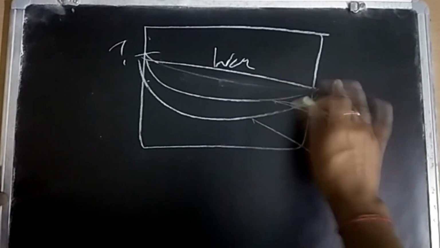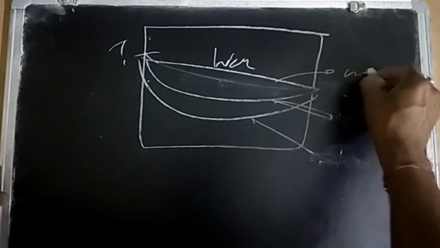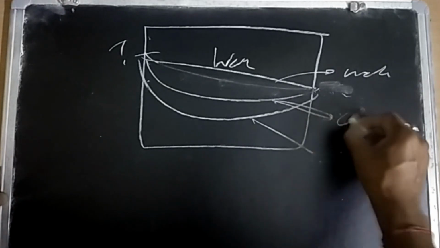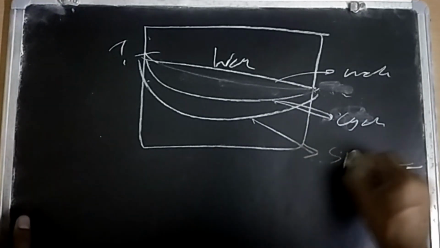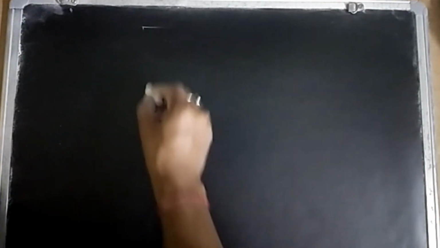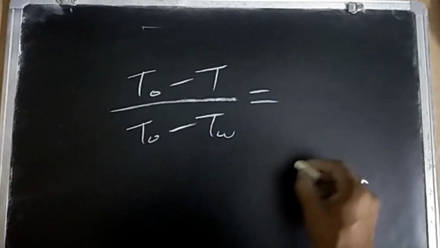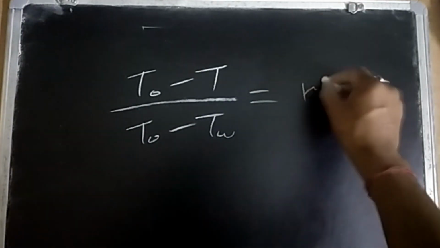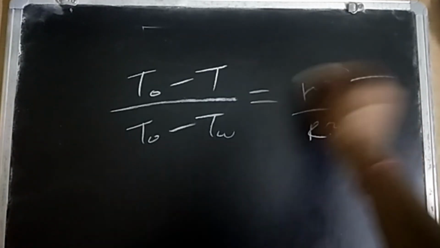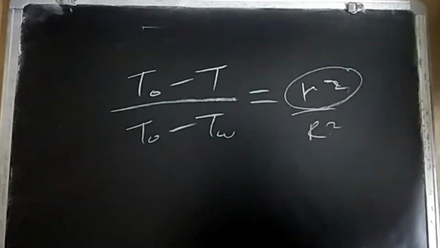And for the solid cylinder, let's talk about that. For the solid cylinder, T0 minus T over T0 minus Tw is equal to r square by R square. Remember, it is proportional to r square. Solid cylinder.